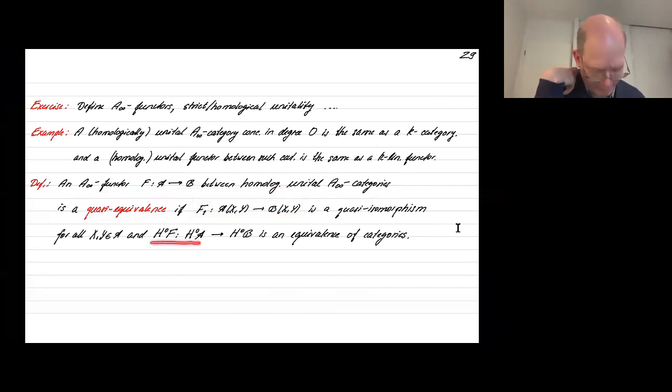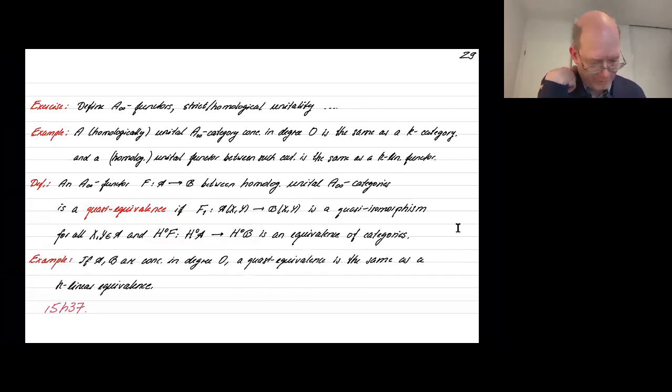And if we look at H0, since we have assumed that our categories are homologically unital, H0 of A and H0 of B have the same objects, but the morphism spaces are just the H0 spaces. And this is going to be a true functor between two categories. And we require that this functor should be an equivalence of categories.